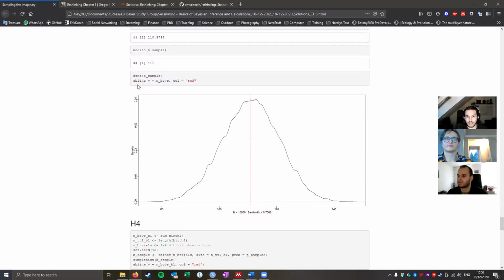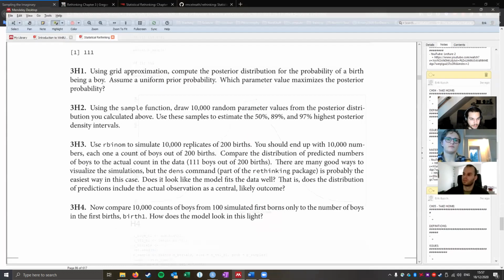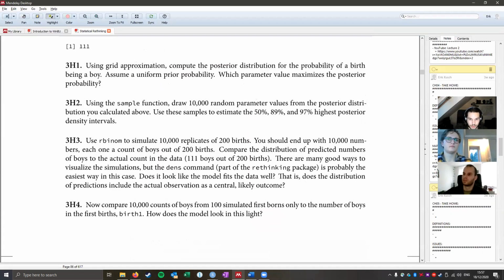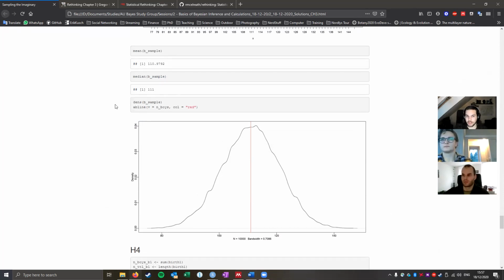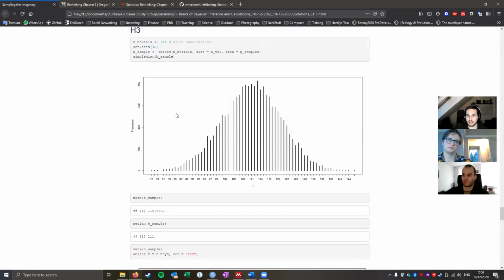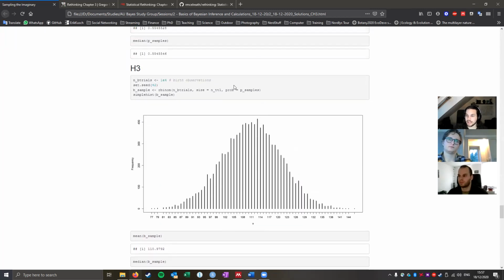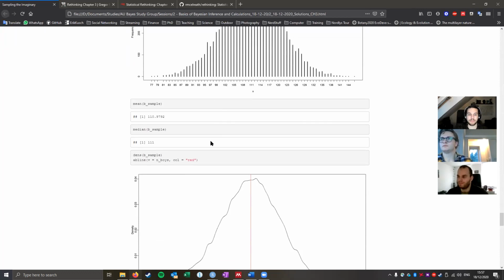And now when I look at the density of this, I actually don't remember what he wanted me to use. He wanted to use the dens command. And right here, I do use the dens command on my birth samples that I just obtained in my simulation, with the different probabilities that I sampled previously.